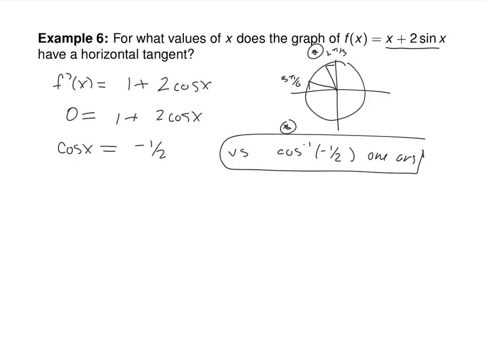So which one has the negative 1/2? 2 pi thirds. So x is 2 pi thirds. And to account for going around the circle more than once, you say plus 2 pi n. And the other x would be down here, which is 4 pi thirds, right? Plus 2 pi n.